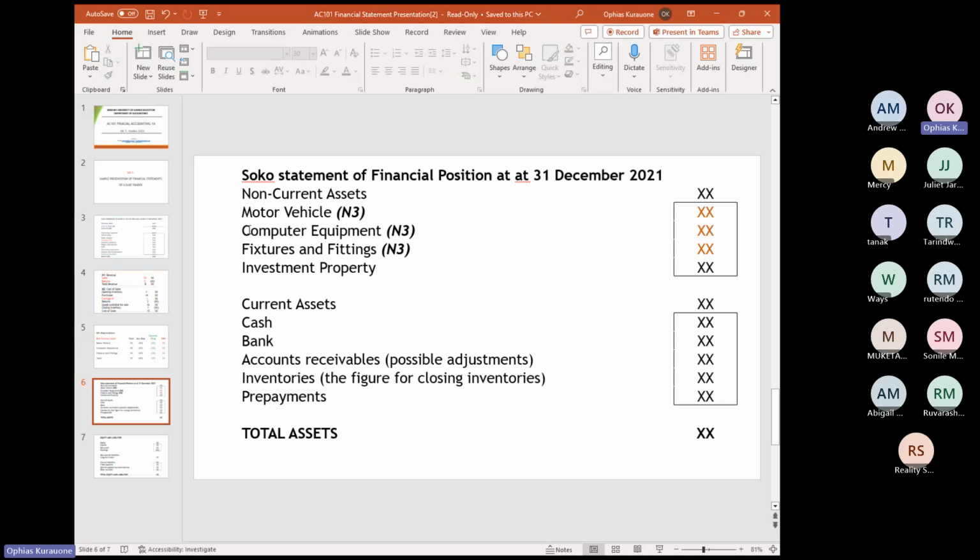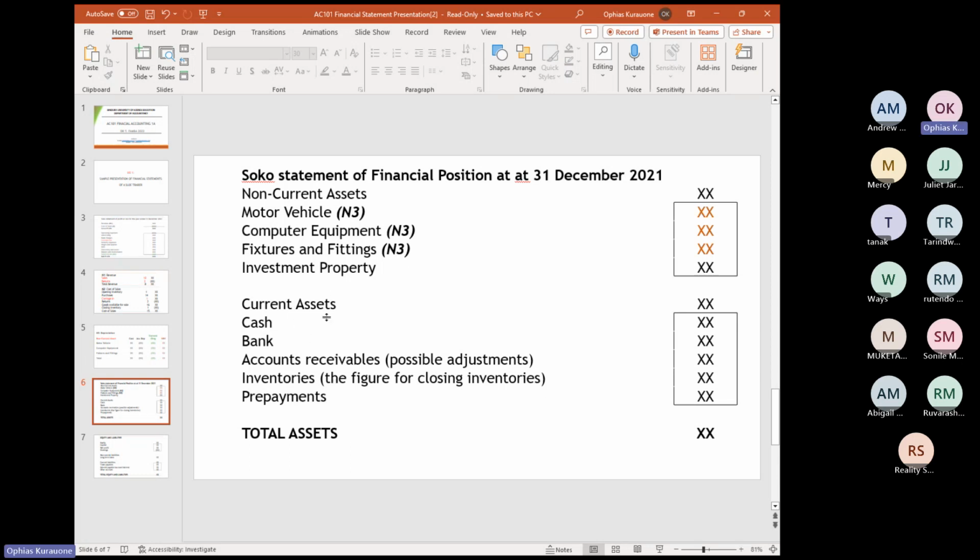Because a motor vehicle is depreciated, you are going to be given the accounting policy or accounting estimate used by the company, to say they are depreciating motor vehicles by the straight line method, or depreciating computer equipment at a certain rate. Fixtures and fittings and investment properties also appear on the non-current assets.